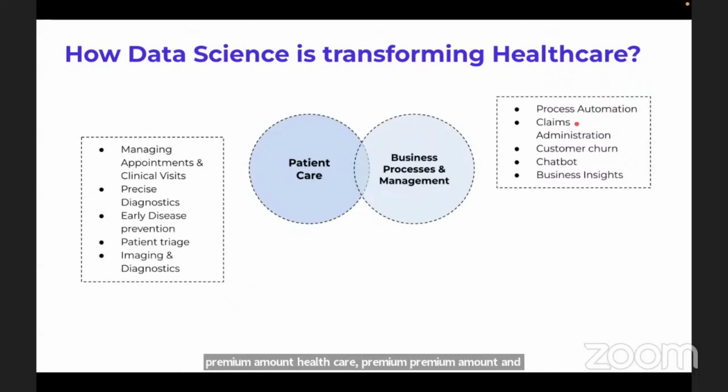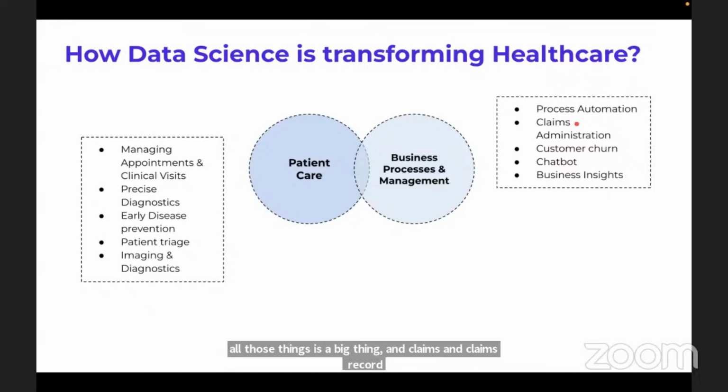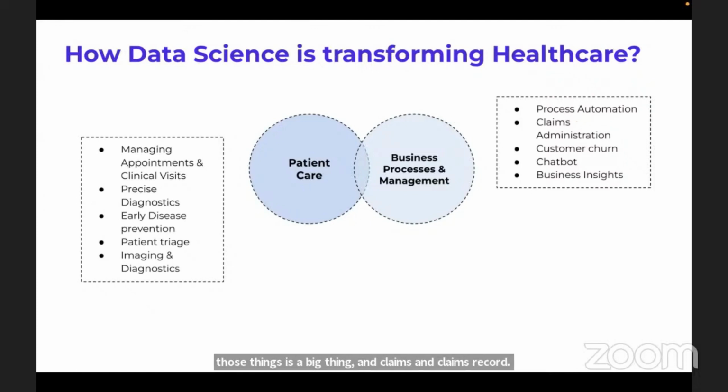And claims record administration invites a lot of talent, and they are already trying to automate the entire process to improve the claim settlement or claim premium calculation time.